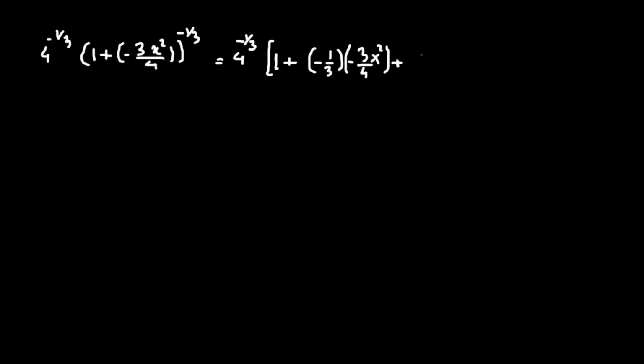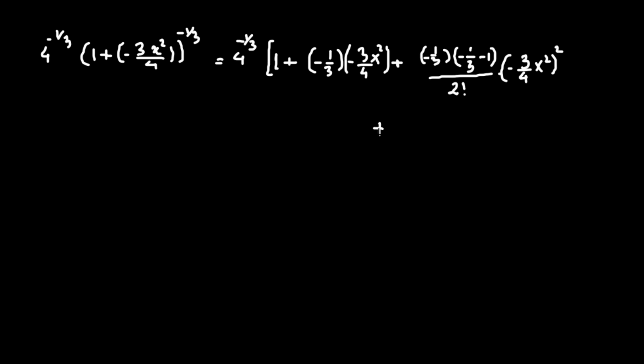plus n, which is negative 1/3, times n minus 1, which will be simply negative 1/3 minus 1, divided by 2 factorial times x squared. So our x squared is negative 3 over 4 x squared, whole squared.